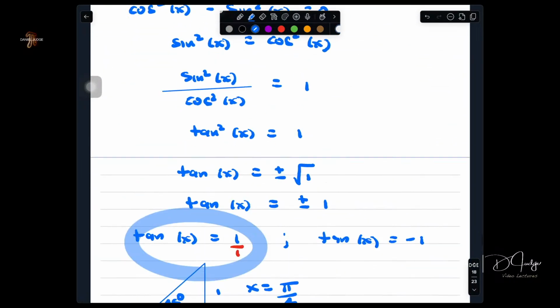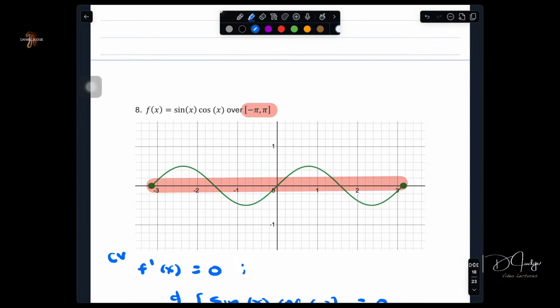So even in this picture, I'd say this is where you have the pi over 4. Over here is 3 pi over 4. We can kind of fit that in. And then over here, just all these horizontal tangents, negative pi over 4, and then over here, negative 3 pi over 4.